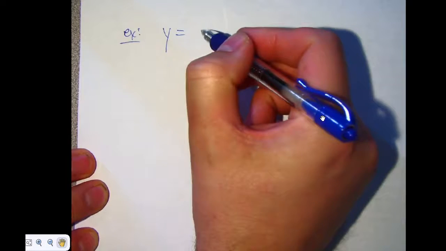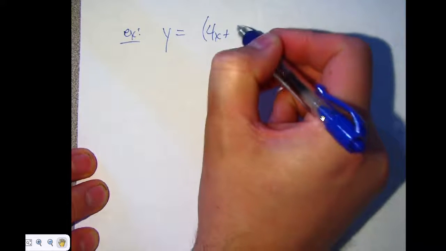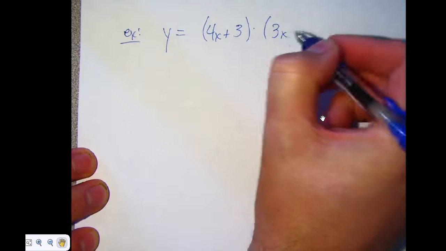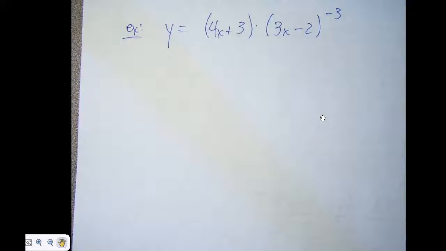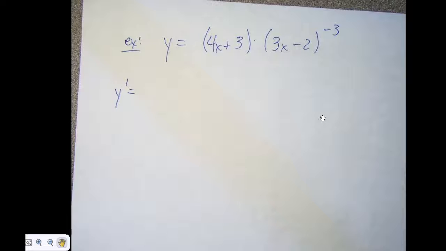Alright. Let's say 4x plus 3 times 3x minus 2 to the negative third. No fractions yet, just a negative.